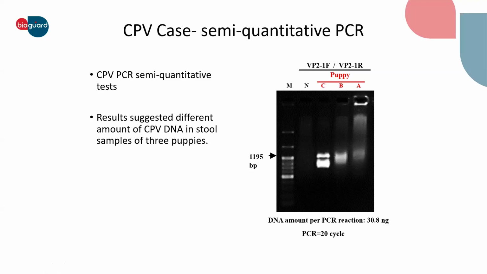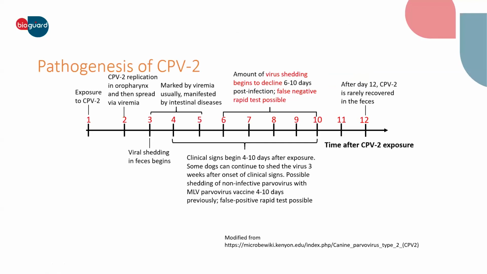So at this time, based on our PCR result, we know all three puppies were infected with CPV2C at that time. However, in their feces samples, the two severe cases, puppies A and B, have much less CPV virus in the feces.